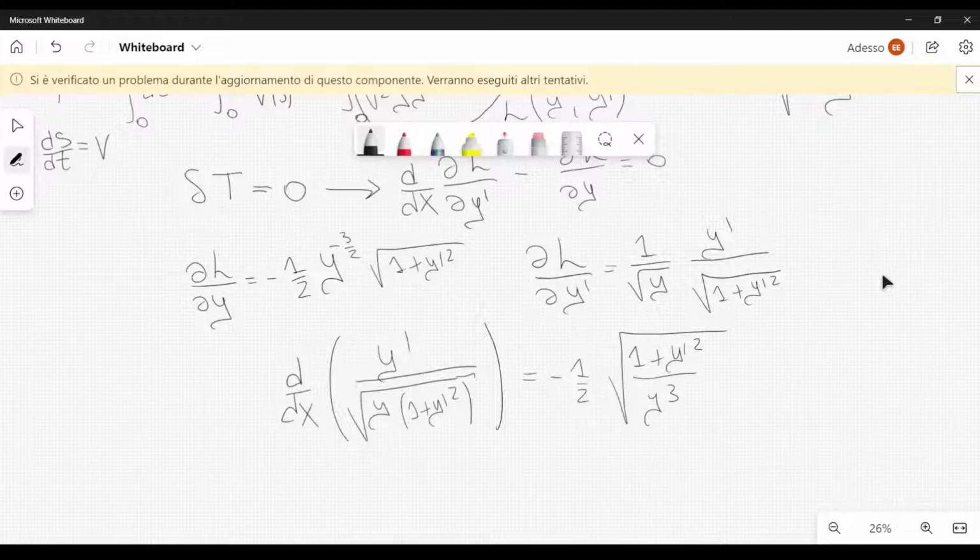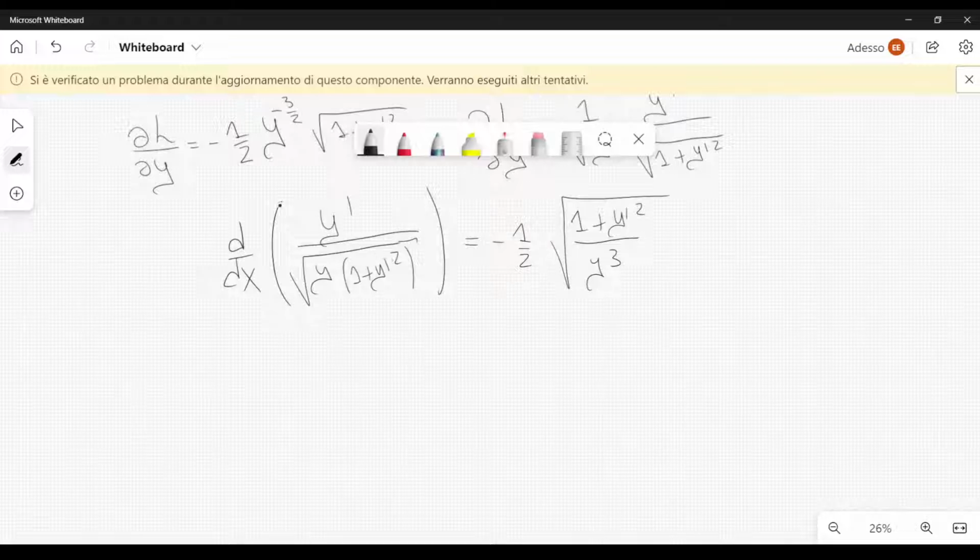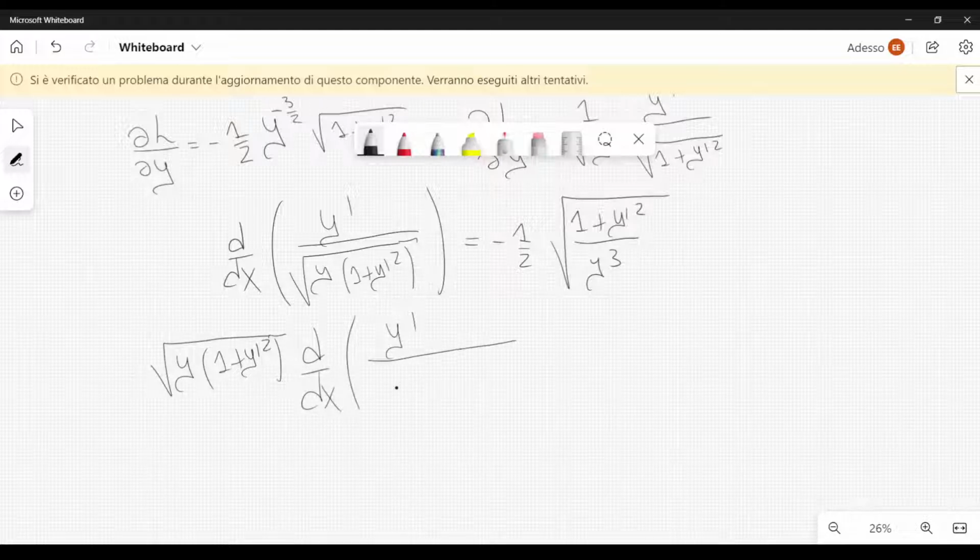Now basically we can calculate this derivative, but before doing so, let's multiply both sides of this equation by the square root of y times 1 plus y prime squared. This multiplies d over dx of y prime over square root of y times 1 plus y prime squared.